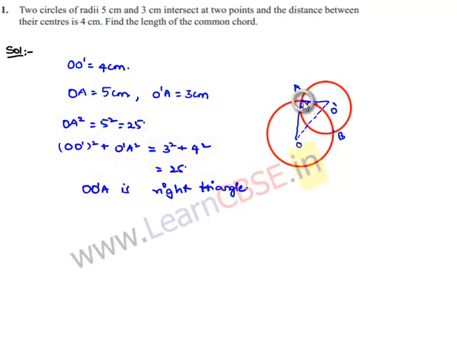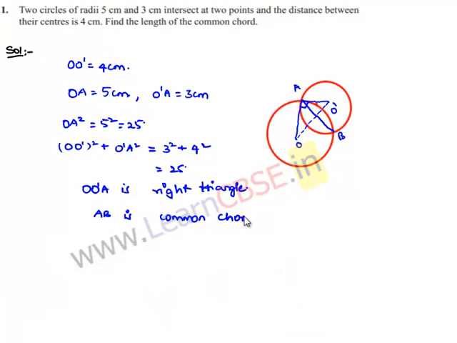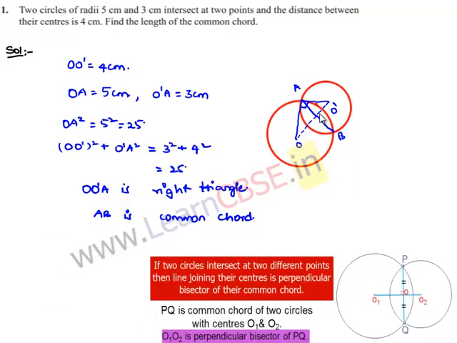And now let us join AB. That will be the common chord. We know that the line joining the centers of circles perpendicularly bisects the common chord of the two circles.